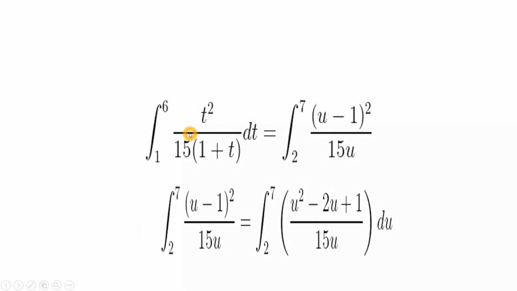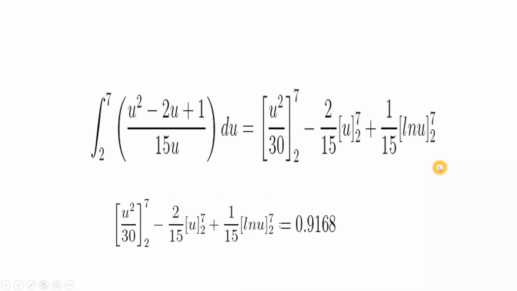Similarly, for the next, the integral from 1 to 6 of t² over 15(1 plus t) dt becomes the integral from 2 to 7 of (u minus 1)² divided by 15u du. Solving, the final answer will be 0.9168.